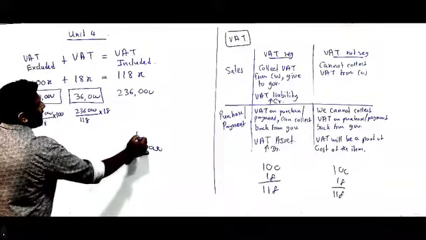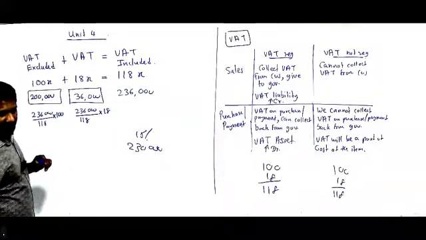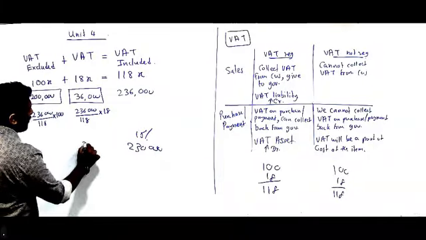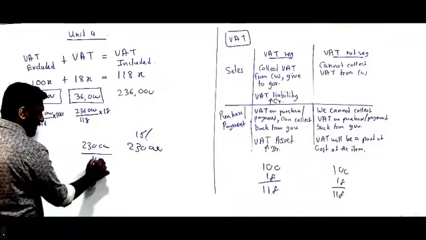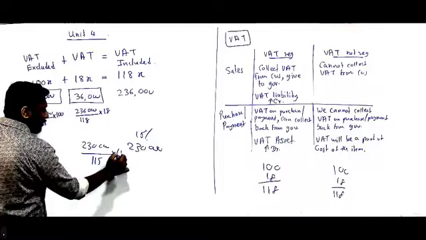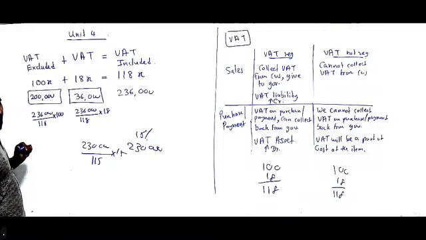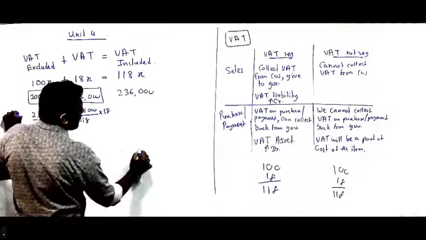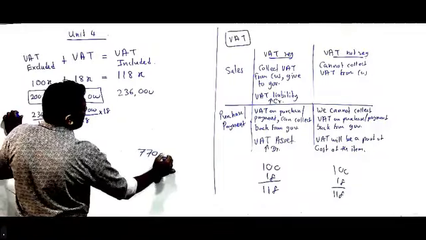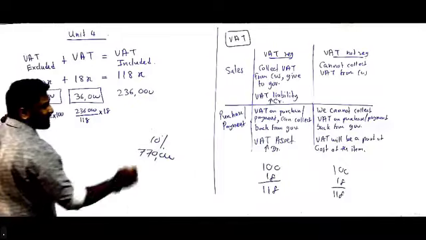230,000 has 15% VAT inside it. How to find the VAT amount? 230,000 divided by 115 into 15 is what you have to take. We'll assume another example. They are telling you 770,000 has 10% VAT inside.